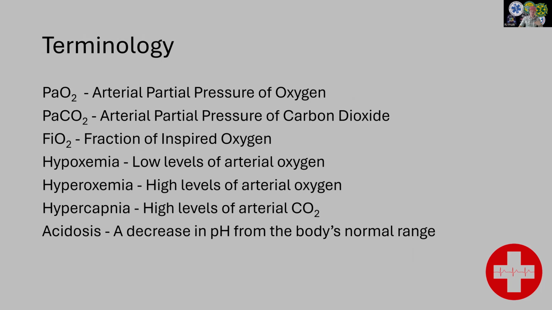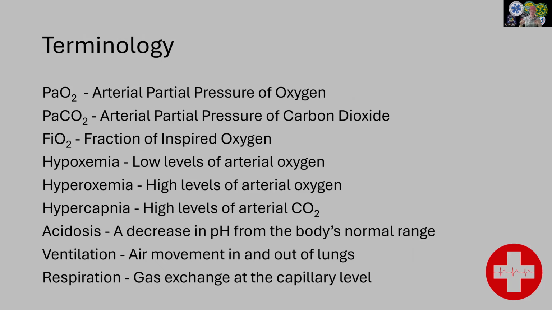Acidosis is a decrease in pH from our body's normal range. Ventilation, I've said this one a million times in class now: air going in and out is ventilation, and respiration is about gas exchange at our capillary level. Hypoxemia is the term we use to refer specifically to how much oxygen is in the blood.